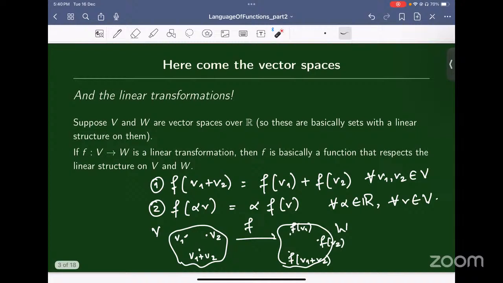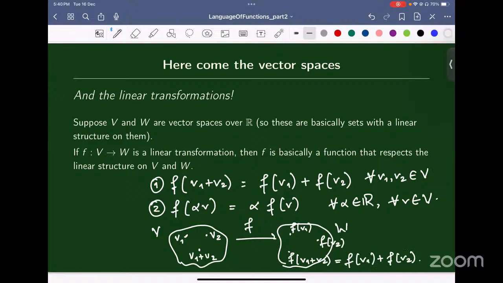The property about respecting addition says that if I apply addition in W to f of v1 and f of v2, the result that I get is the same as I would get if I apply f to the sum of vectors v1 and v2. So this is the same as f of v1 plus f of v2.